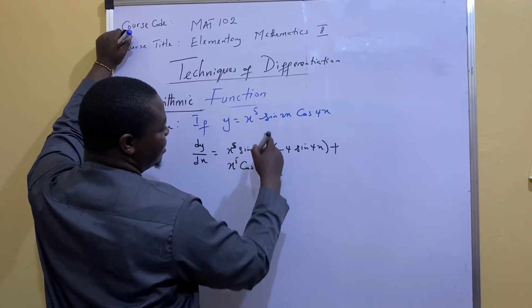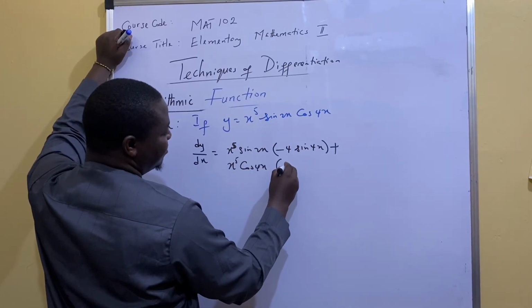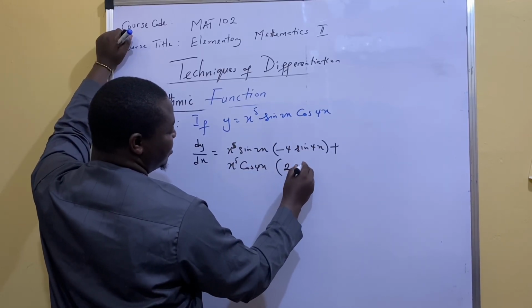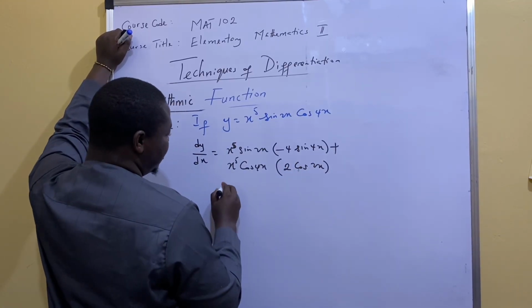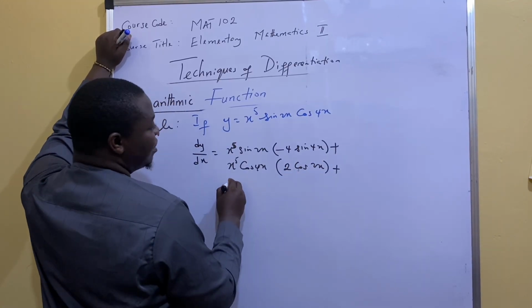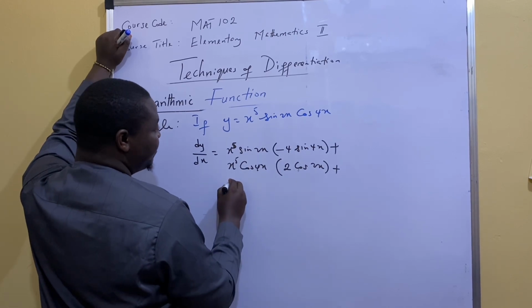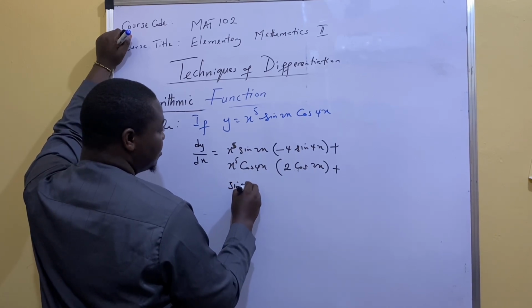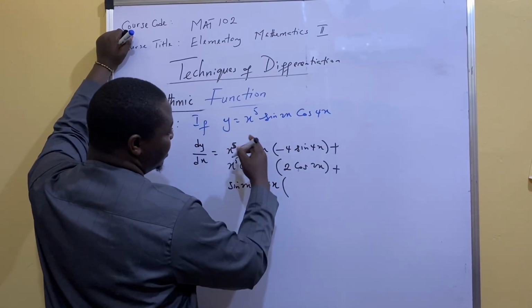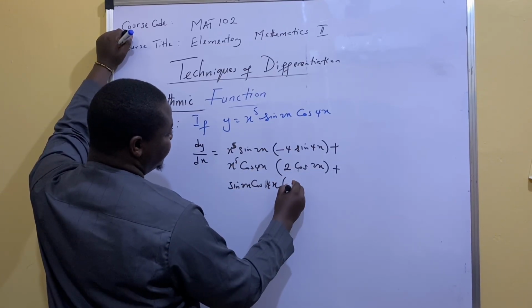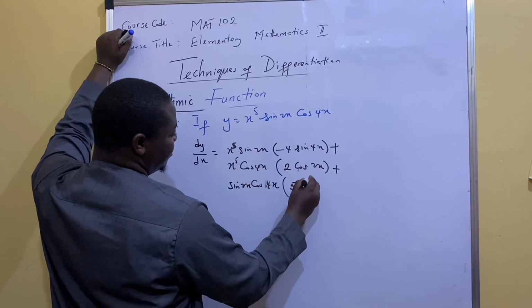Differentiate sine 2x, that gives 2 cos 2x, plus. Now keep v and w, then differentiate u. That's 5x to the power 4.